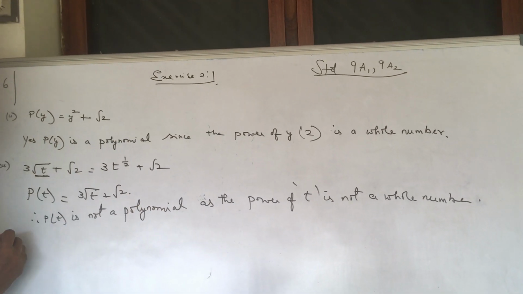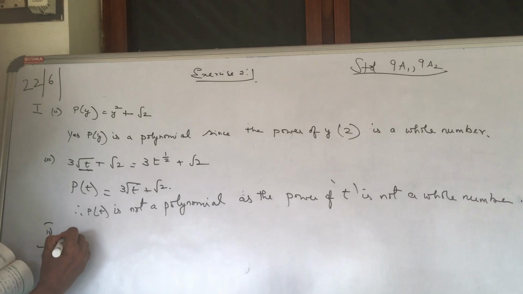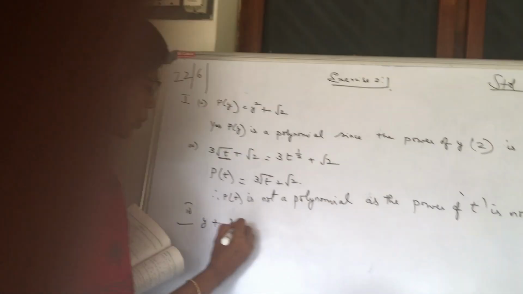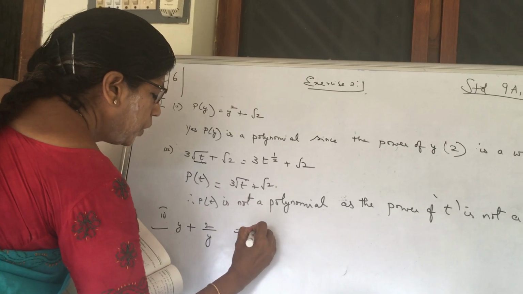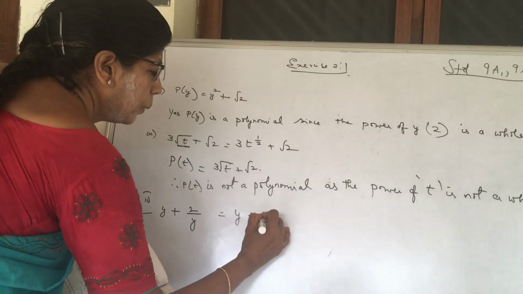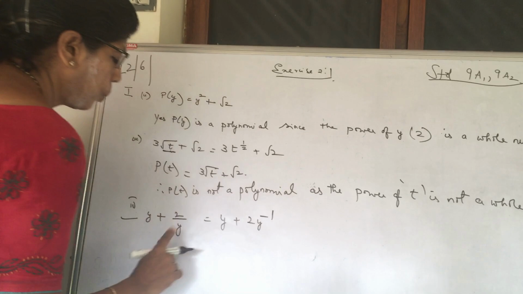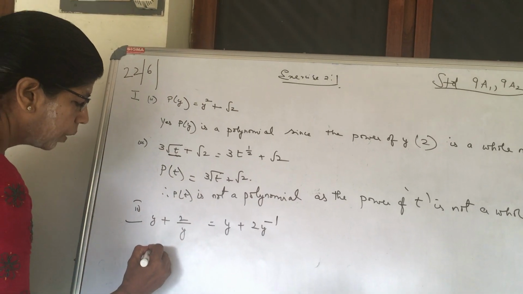Yes, fourth bit, y plus 2y. When you write 2 by y in power notation, it is y to the power of minus 1.